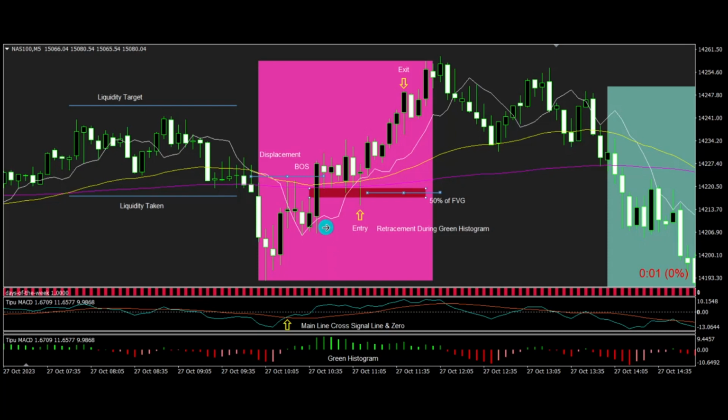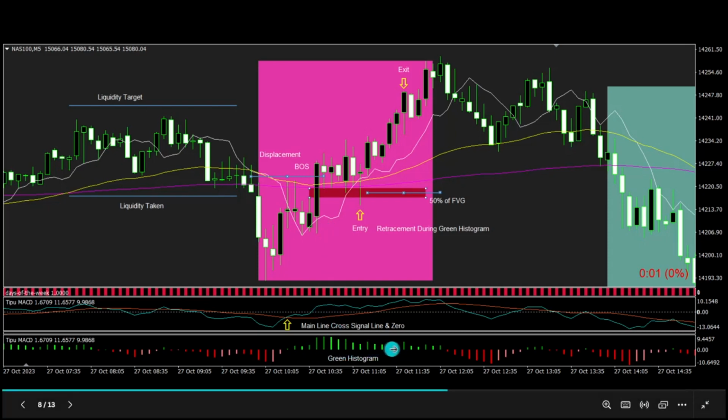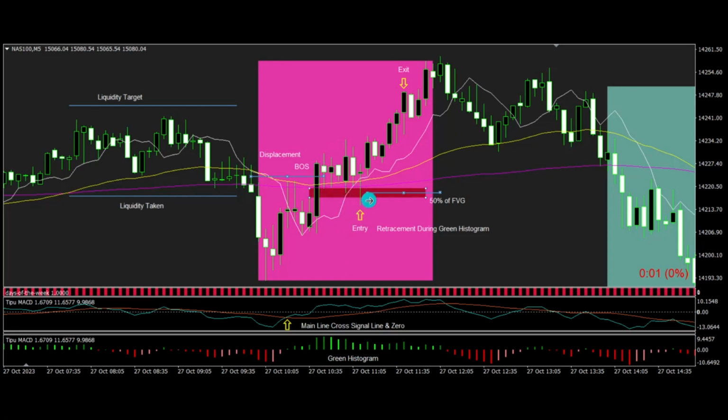We are also in a green histogram, and price retraces into this fair value gap. It passes the 50%, but then closes above the 50% level. This is your entry. Price then continues on to take liquidity, and this would be your exit on this candle.